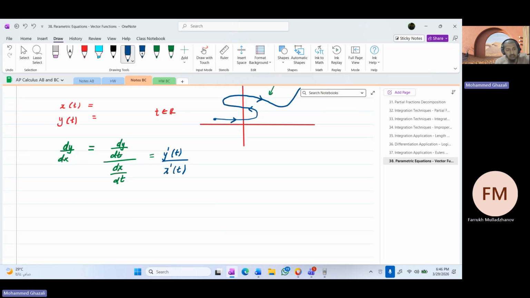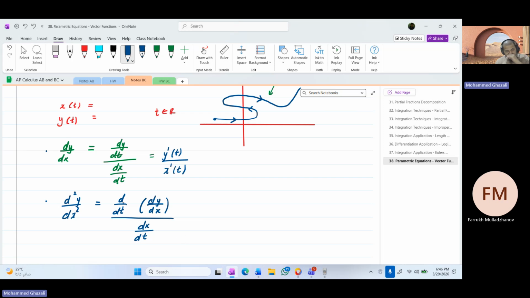Now, what is the second derivative? This is the first derivative. What's the second derivative? d squared y over dx squared. If you're finding the second derivative, you need to do d dt of dy dx, over dx dt.